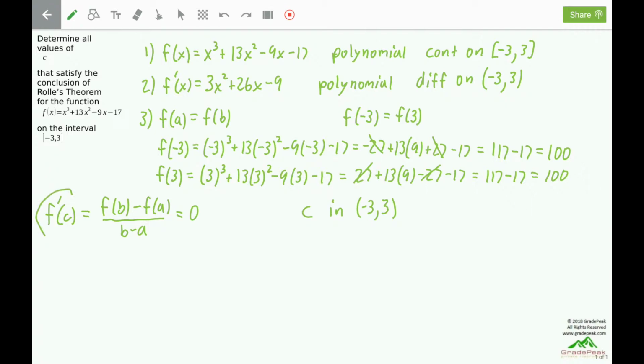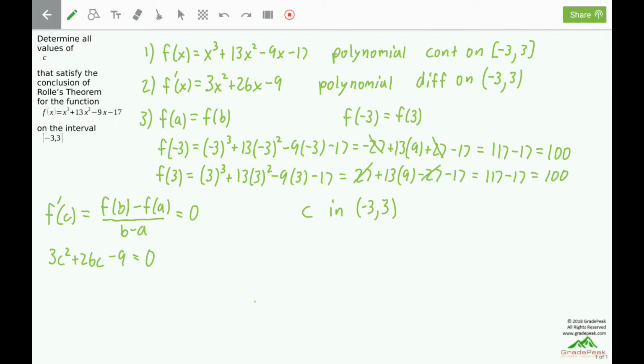The left side, f prime of c, is evaluated by plugging c into f prime of x. That will give 3c squared plus 26 times c minus 9 equals the right side, which is 0. We have a trinomial quadratic. We will need to factor this.